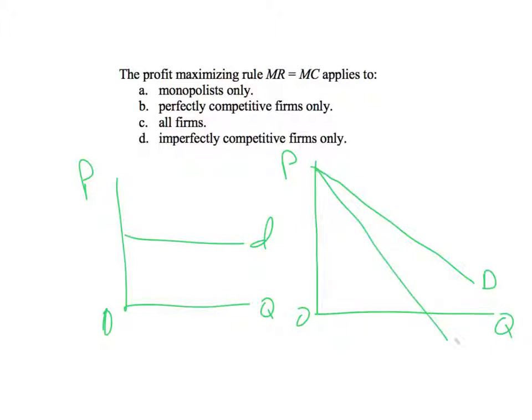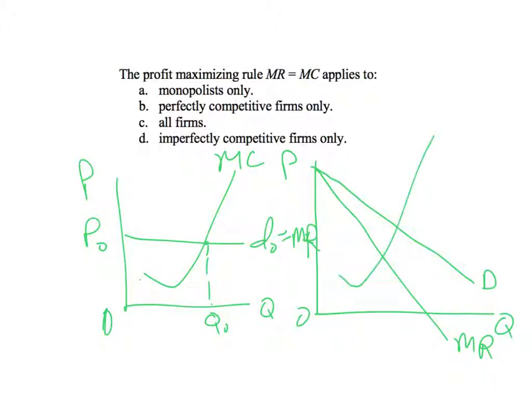Remember, that means that their marginal revenue curve is somewhere below. For the competitive firm, it looks like that. The output rule for the competitive firm is produce the profit maximizing quantity, if you're not going to shut down, where price is equal to marginal cost, which turns out to be the same as marginal revenue equals marginal cost.